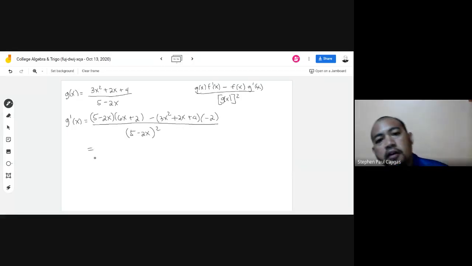Sige, ikaw muli itong pag-simplify iton numerator. Again, type chat box iton iba. Anay hinon to so far nag-answer?